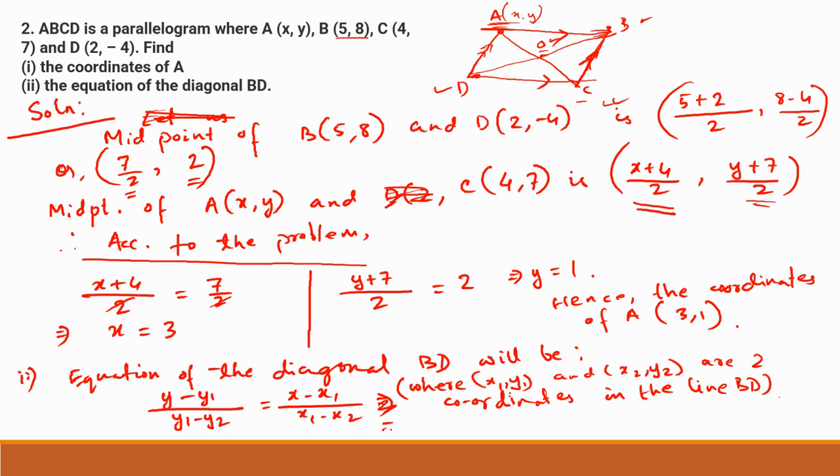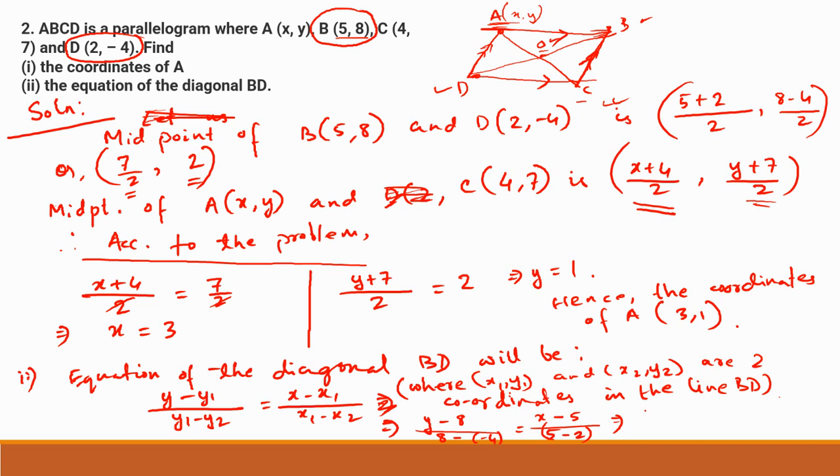Okay, so now you can write y minus y1. What is y1 here for BD? B is 5 comma 8, D is 2 comma minus 4. So y minus 8 divided by 8 minus of minus 4 equals x minus 5 divided by 5 minus 2.